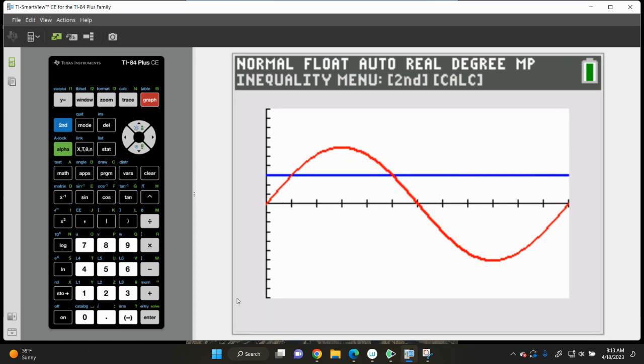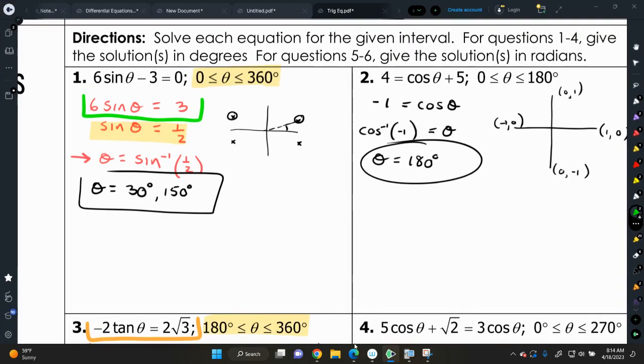So we can see that the intersection is correct. Okay, so I like to make the marks so that I can easily count. And of course, it's going to intersect again, but that's beyond 360 degrees. It's going to intersect at 390 degrees. Okay. So yeah, you can use the graph to help you anytime.